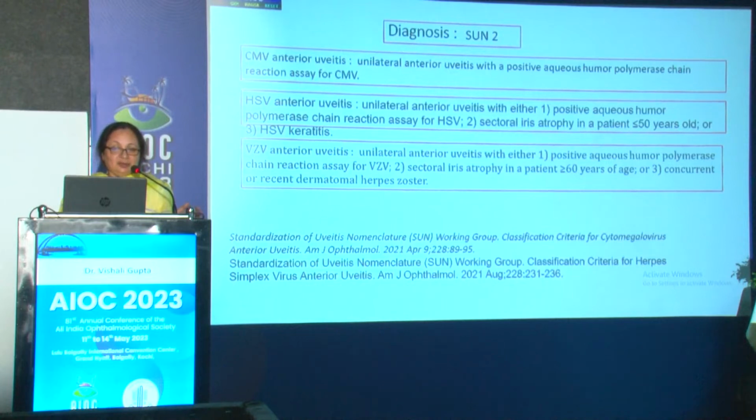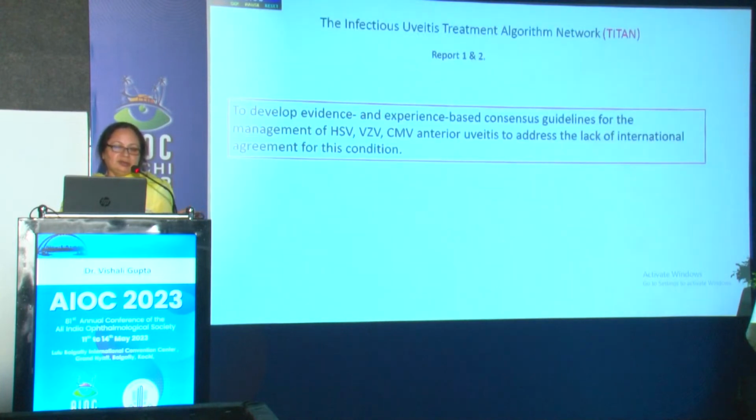HSV is again unilateral, with either a positive tap, sectoral iris atrophy in patients less than 50 years, or HSV keratitis. And VZV is unilateral anterior uveitis with either a positive aqueous tap for VZV, sectoral atrophy in patients more than 60 years, or concurrent or recurrent dermatomal zoster.